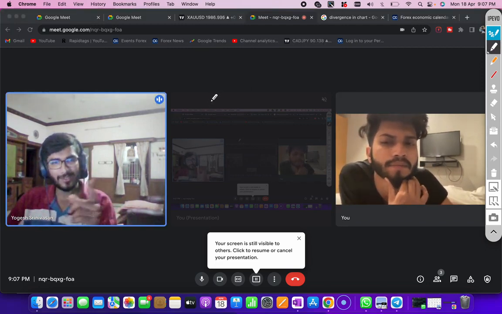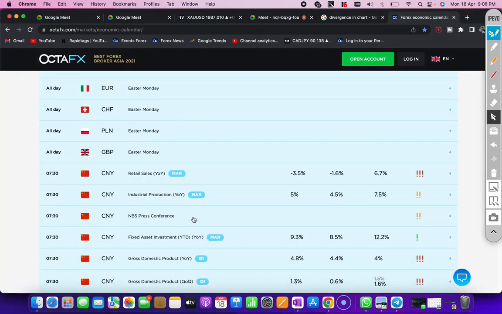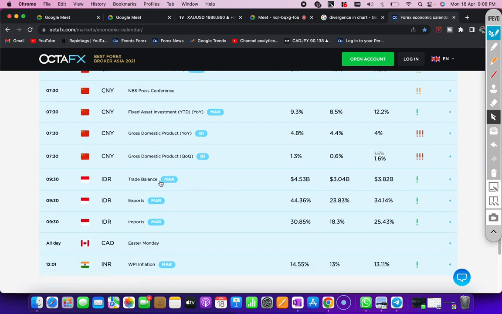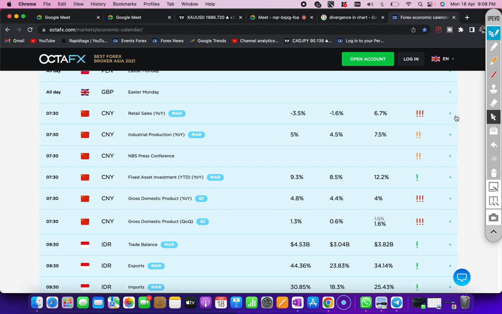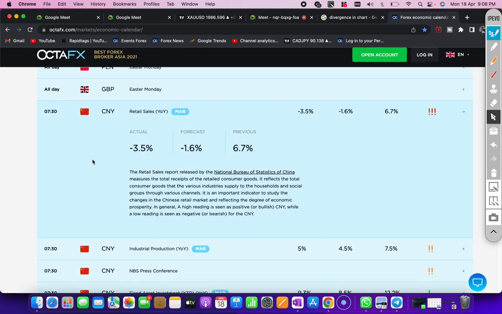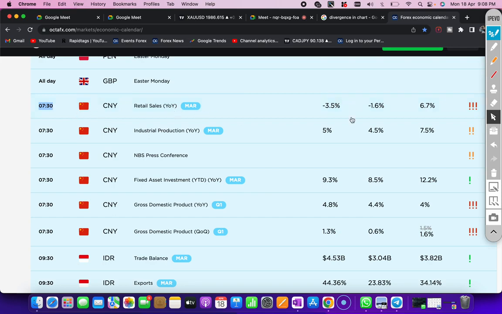So every day you have a look at that news place, one time, this economic calendar. I never forget to look. So what does it represent? It represents the news. For example, at 7:30 IST there is news from China.